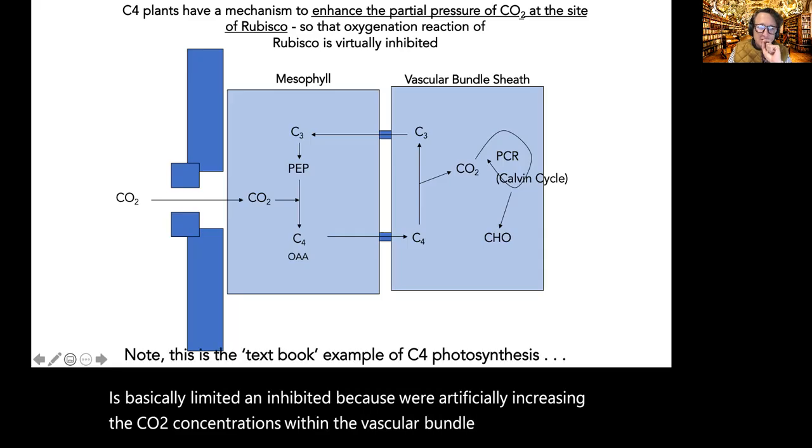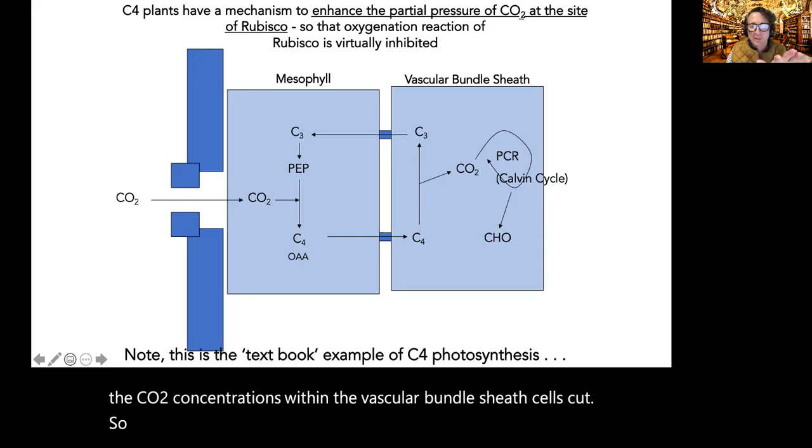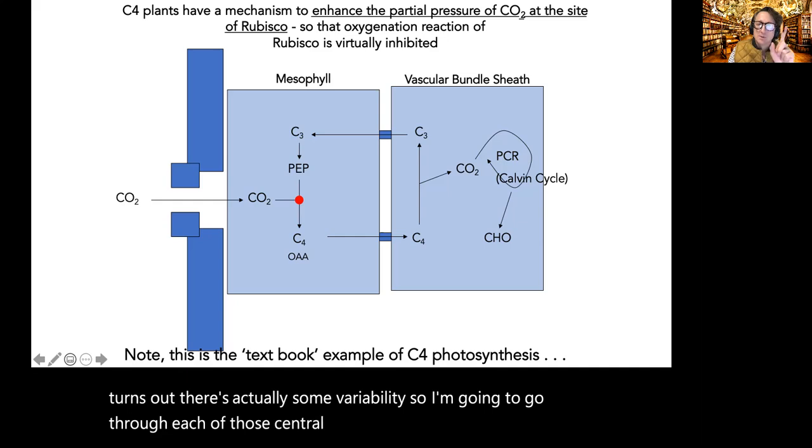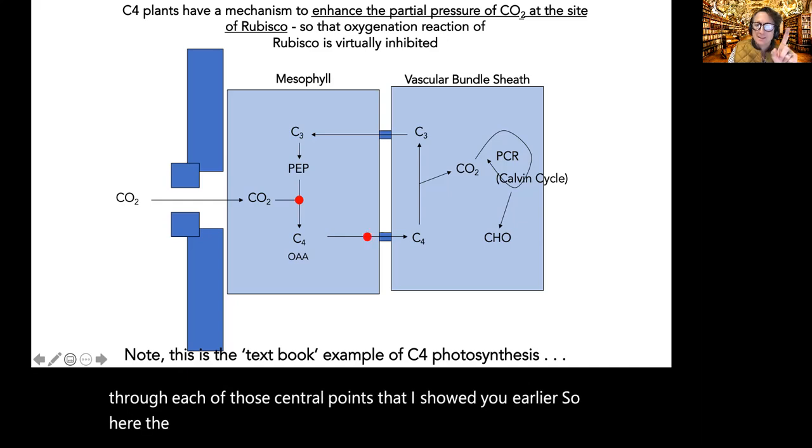Note, this is a textbook example of C4 photosynthesis. It turns out there's actually some variability. So I'm going to go through each of those central points that I showed you earlier: the first step, the second step, third step, fourth step, and the fifth step.